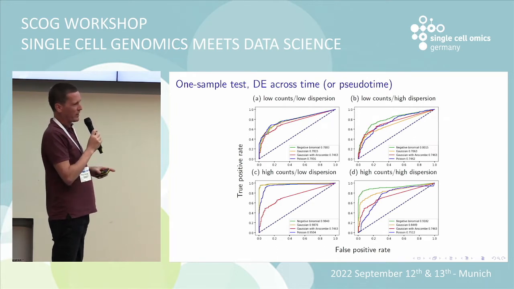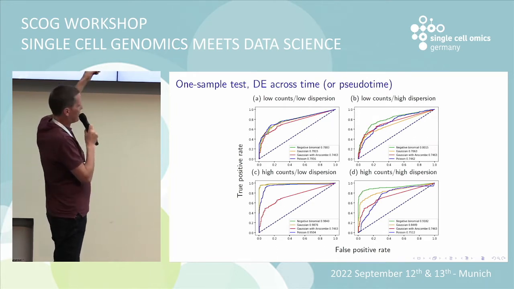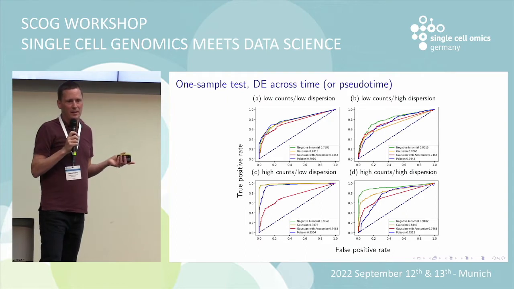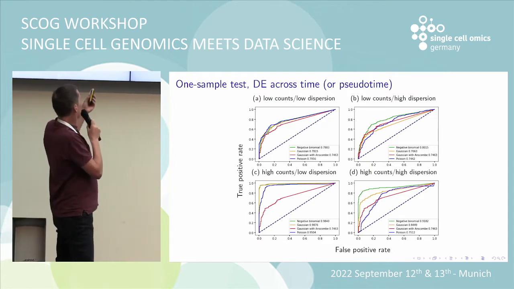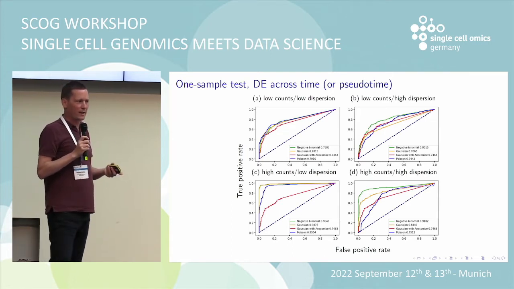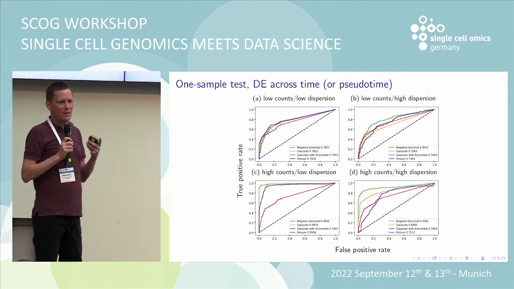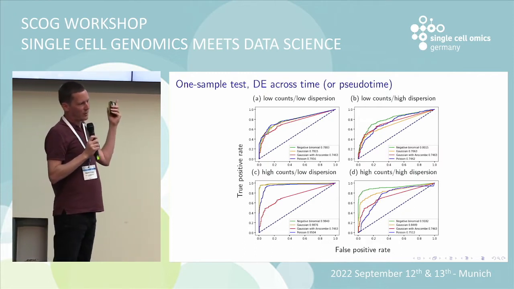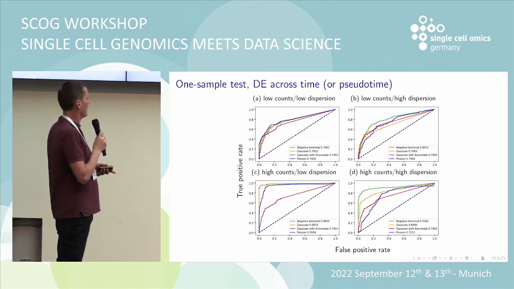So that's where you get a good win. If you have low dispersion, like bulk RNA-seq, actually transformed data using a Gaussian likelihood is not so bad in that case. So you can get away with the Gaussian likelihood on bulk data, but on single cell, you definitely have high dispersion often.